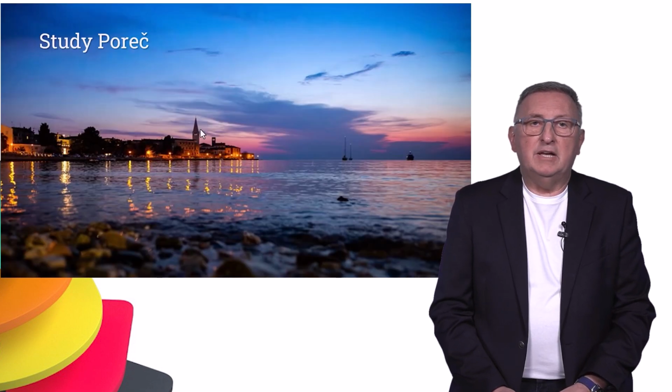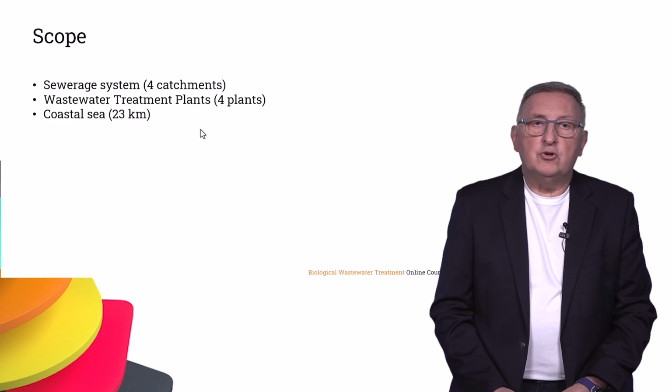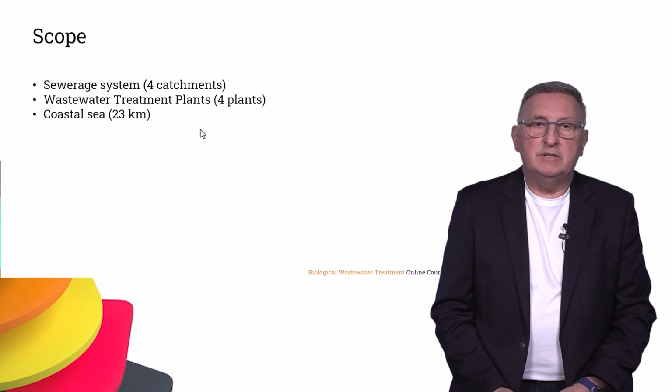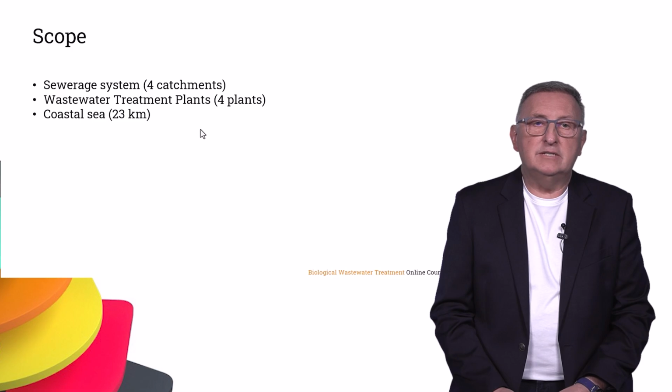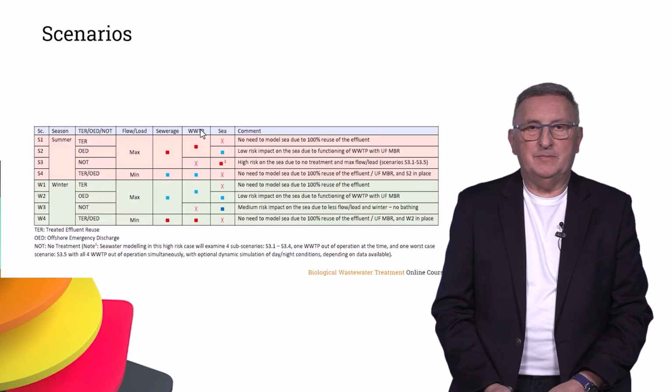Now, let me come to our study, Study Poreč as we call it. The scope of this work was sewerage systems. We have 4 catchments, 4 wastewater treatment plants, and the coastal sea under protection with a length of 23 kilometers.